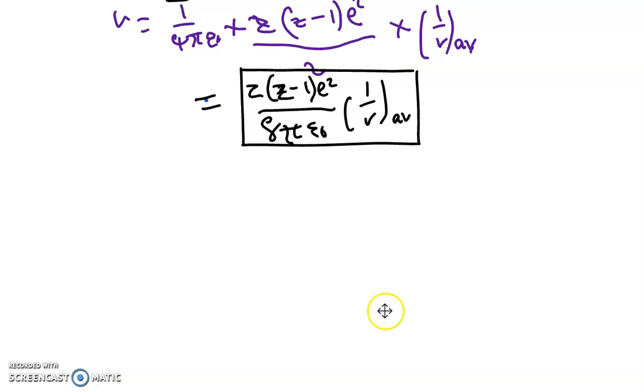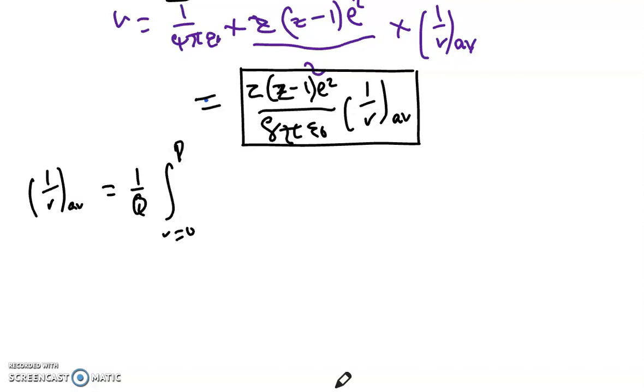Now let's take this 1 over R so that you know where we get it from. We know that R is the radius of the sphere, but here we are referring to it as our average. Take 1 over R average, which is equal to 1 over Q, the integral from 0 to R of the charge element divided by r.